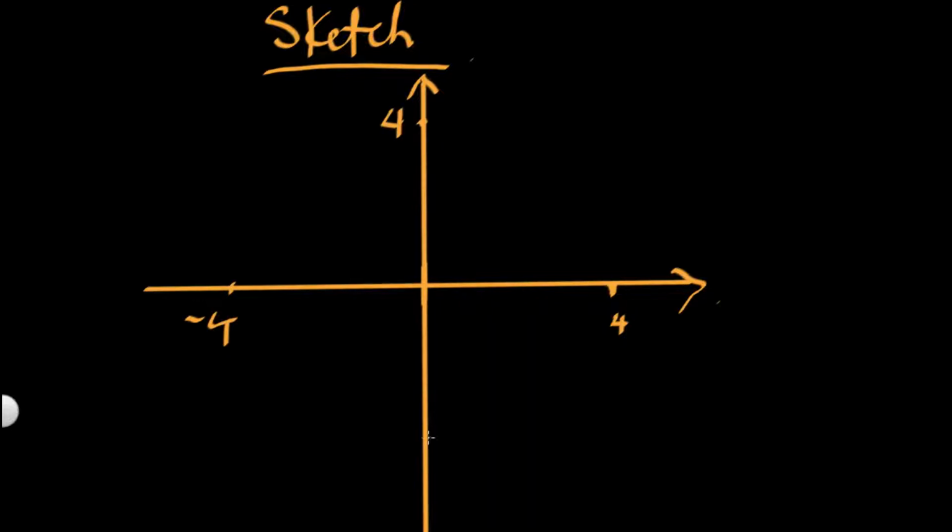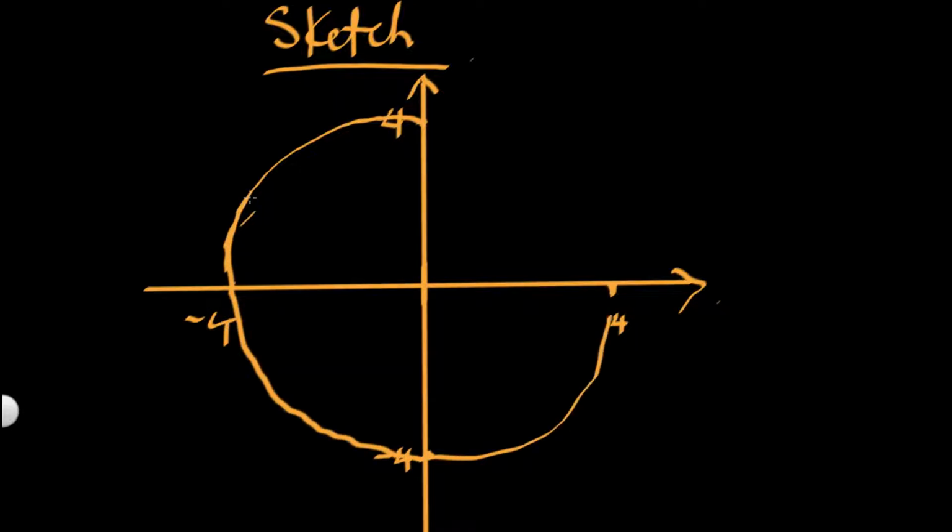A positive 4 here and a minus 4 here. This is my circle, so I'm going to draw my circle. This is the sketch, guys. All right, that is the sketch of my circle, and it is done. Just make sure you are showing all the important points on the circle.